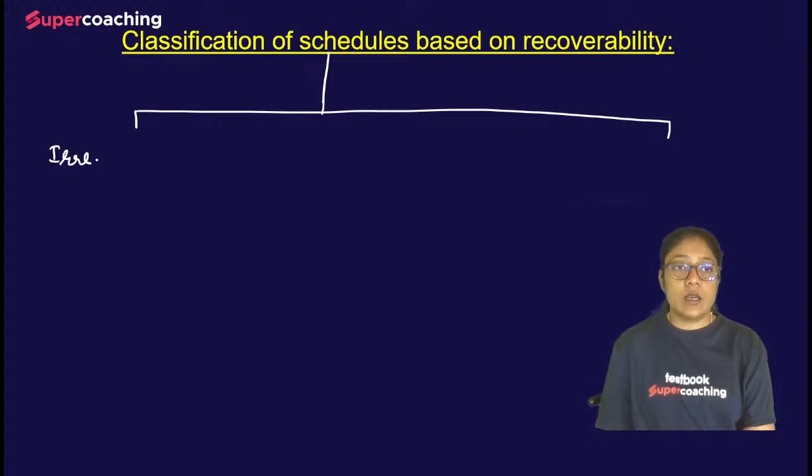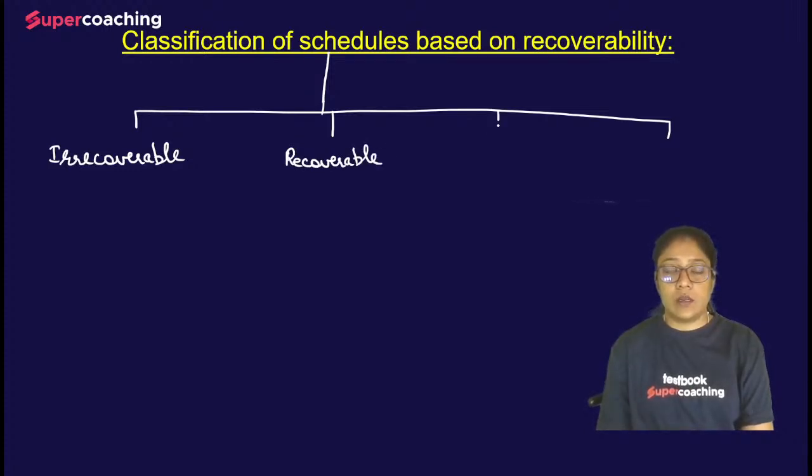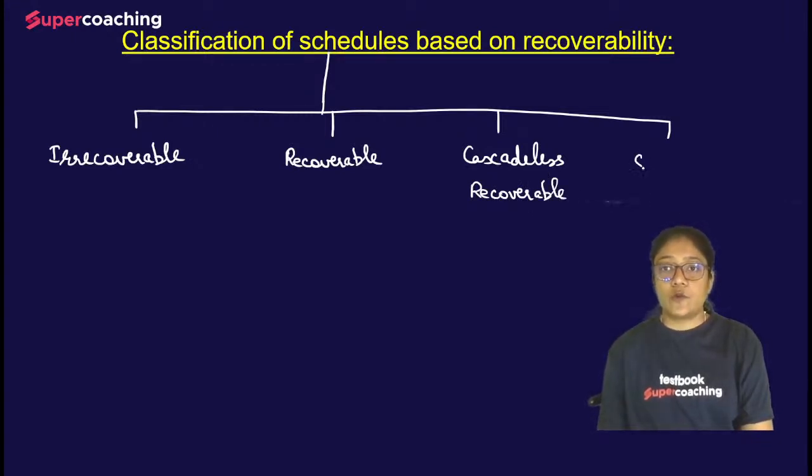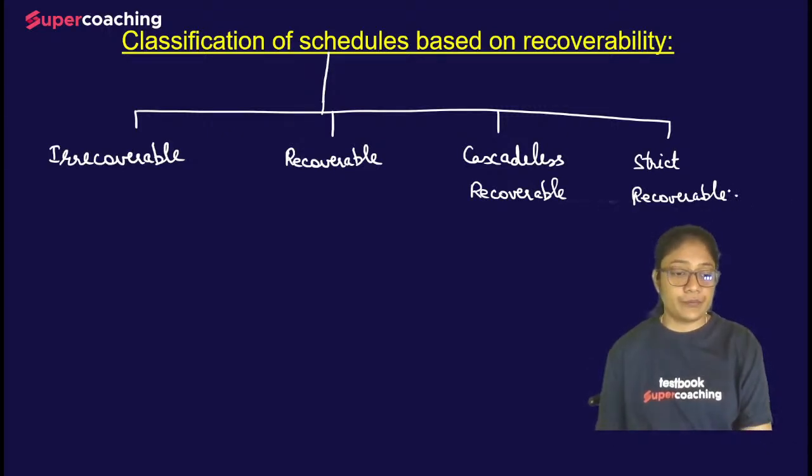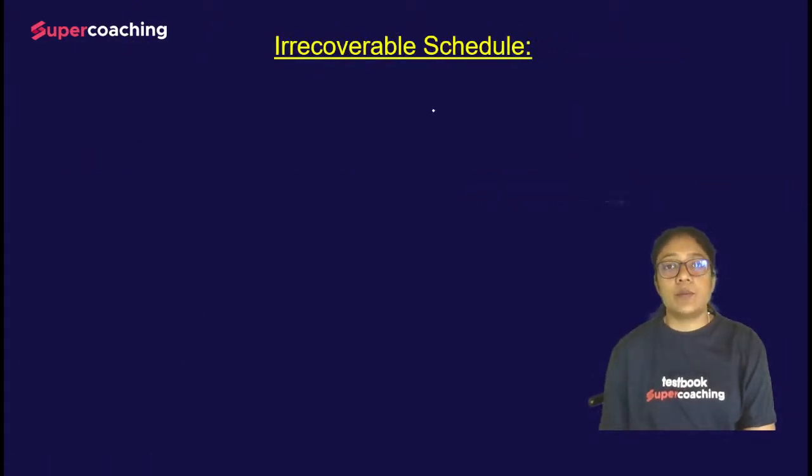Quickly write in the chat section: irrecoverable, recoverable, cascadeless recoverable, and then strict recoverable. Any idea? Let's start with the irrecoverable schedule.